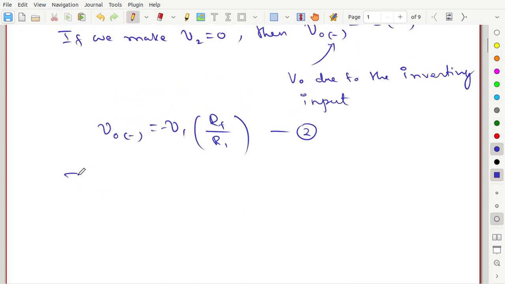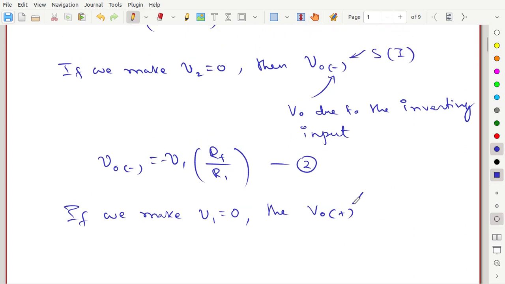If we make V1 equal to 0, then we get the output voltage due to the non-inverting input. This is the solution of the non-inverting part.